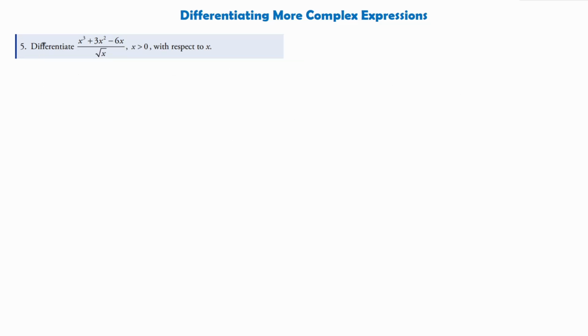So example number 5, differentiate x cubed plus 3x squared minus 6x, all divided by the square root of x, where x is greater than 0, with respect to x. So again, here we have to be doing a bit of simplification because we have x on the top and the bottom in our preparation. So we're going to start off by saying that x cubed plus 3x squared minus 6x, all divided by the square root of x.